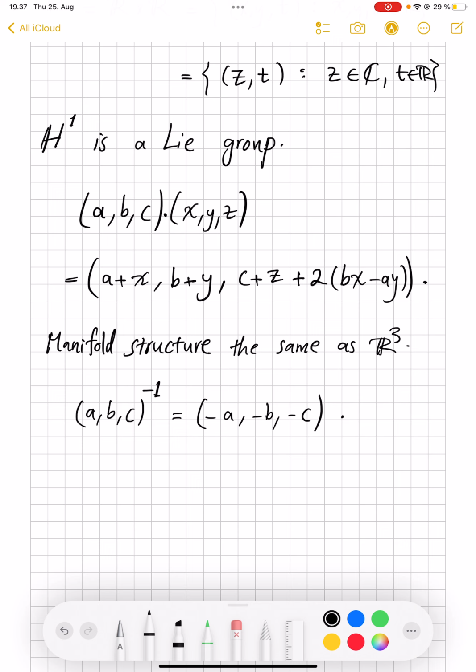So we see that both of these structures are C infinity. All these operations are smooth, say in x, y, and z, or a, b, and c. And therefore, with this structure, we have a Lie group.